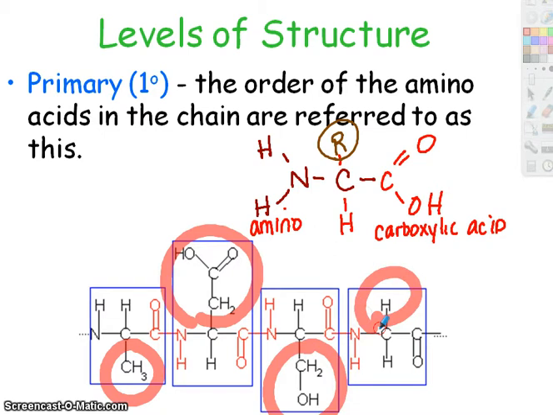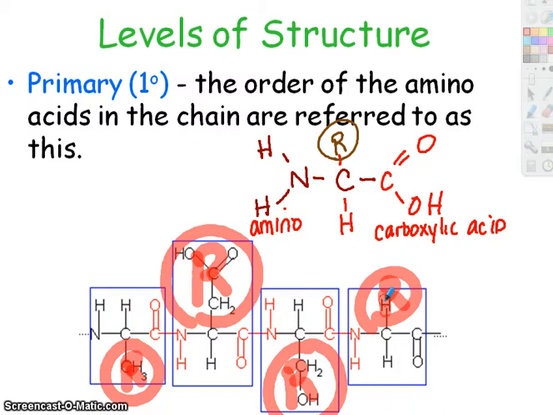And so it looks a lot more complicated, but all they're really doing is replacing the letter R with what really goes there. And that's what's going to determine what that particular amino acid is. Now, the order of amino acids is going to determine everything else about how that protein behaves. Remember, DNA codes for making these proteins. So the DNA at some point coded to put these amino acids in this order on this particular protein.